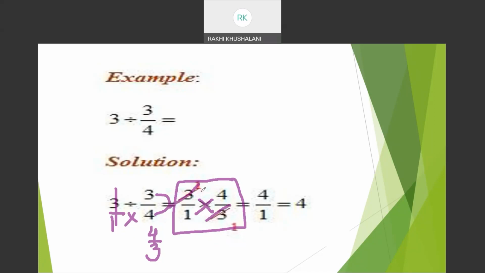Here also you can do the direct multiplication: numerator by numerator, so 3 into 4 gives you 12, and the denominator is 1 into 3, and thus I get the answer.